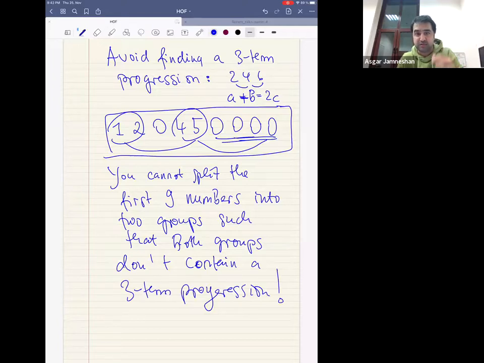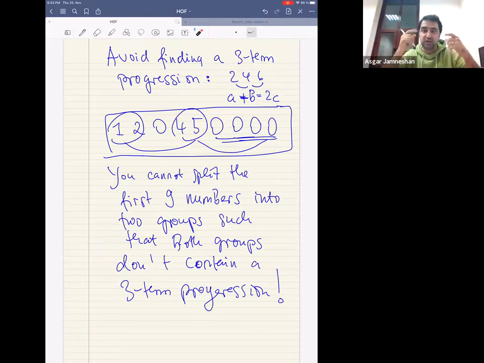So there is a relation between size, apparently namely 9, and additive structure, namely here 3-term progressions. If you want to look for longer progressions, say 4-term progressions, you need to look at longer strings.